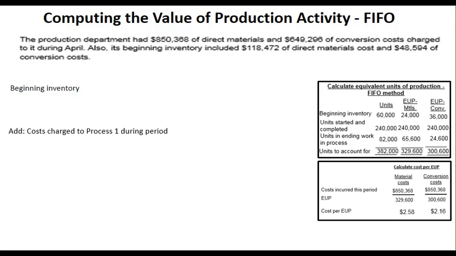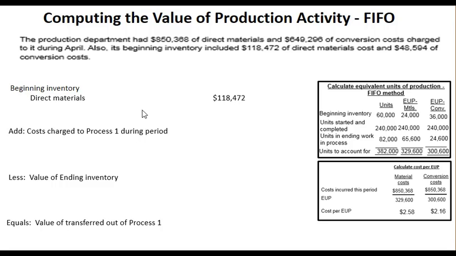We start out with beginning inventory, add our costs that are charged to process 1 during the period, our inputs, minus the value of my ending inventory, and that will equal the dollar value of our inventory transferred out of process 1.